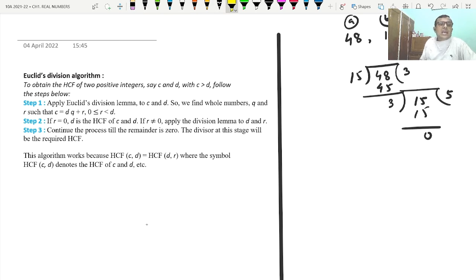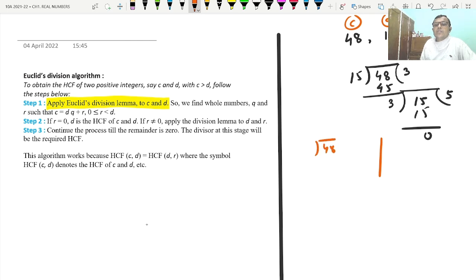Apply Euclid's division lemma to C and D. These two numbers are C and D actually. This number is C, and this is D. Apply Euclid's division lemma to C and D. Here, in this step, there are two steps. What are the two steps?